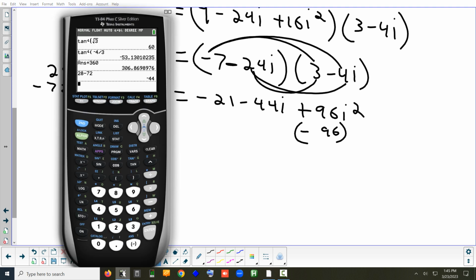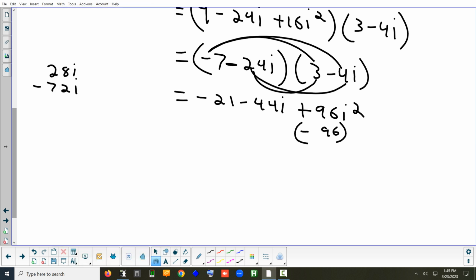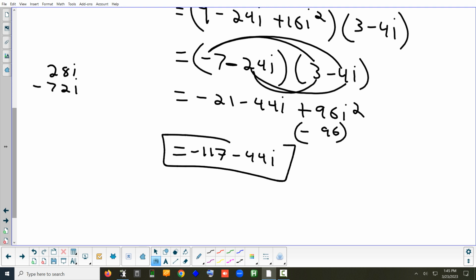Okay, like terms, negative 21 and negative 96. That's negative 117. Now, hopefully I didn't make any mistakes. I don't know. But in theory, if you cube what we had, that's what you should get. Negative 117 minus 44i. Any question on that?